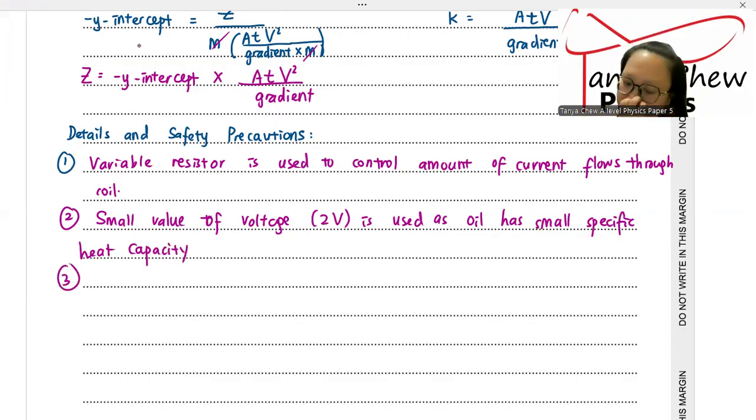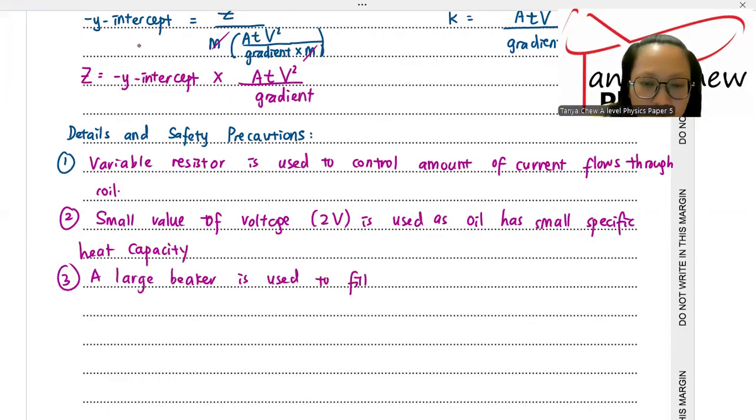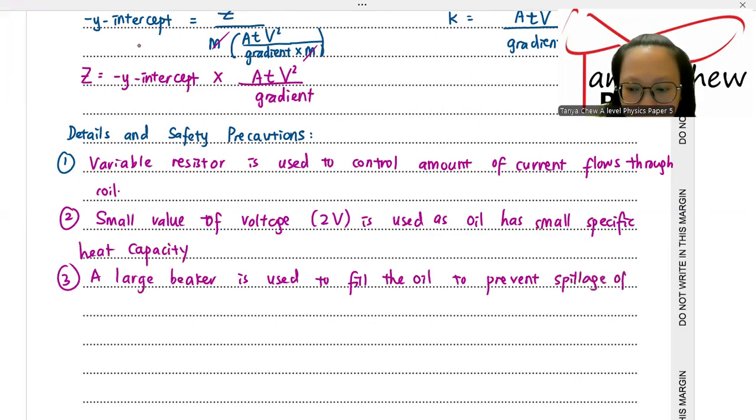And I also say that I use a large beaker to fill the oil, to prevent spillage of oil, right?